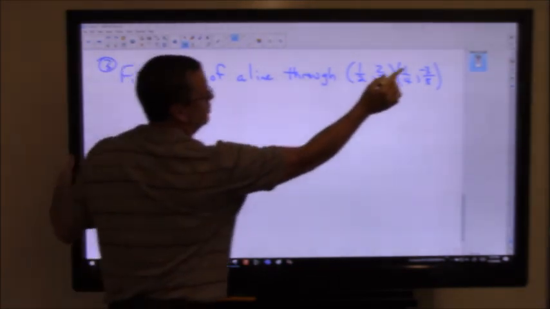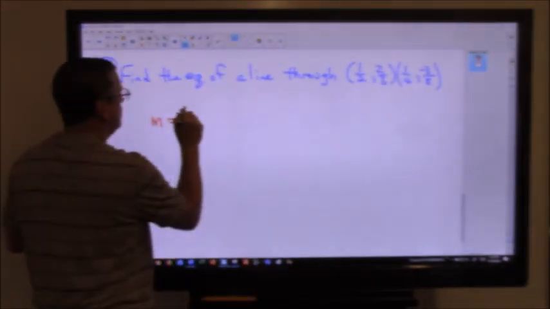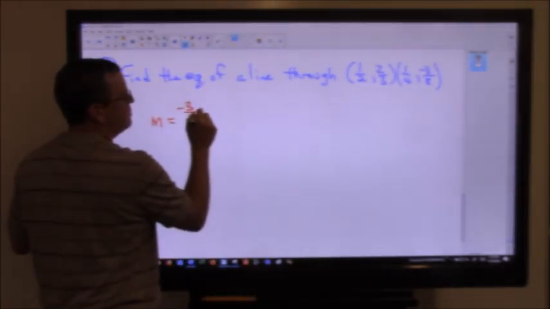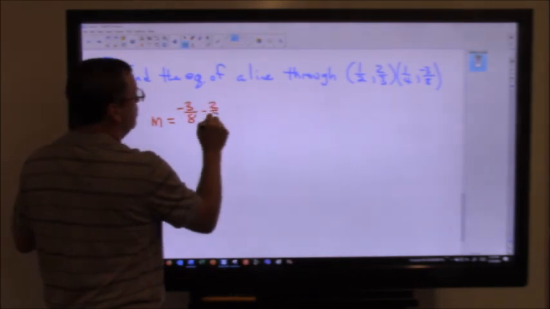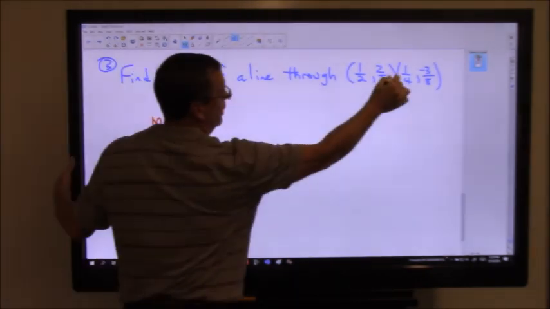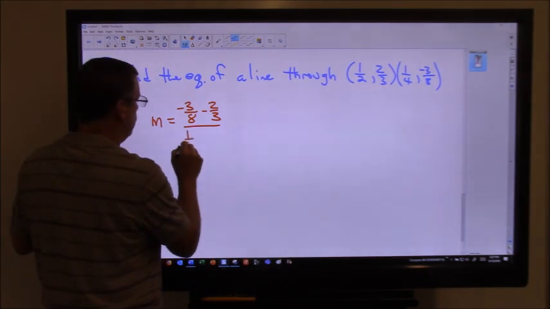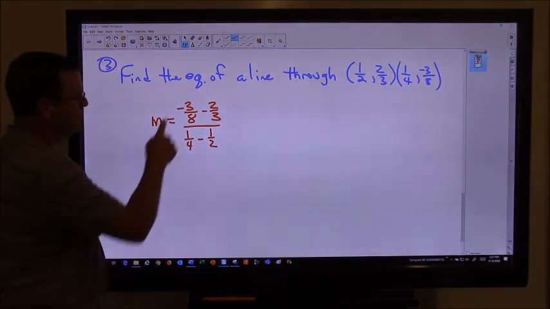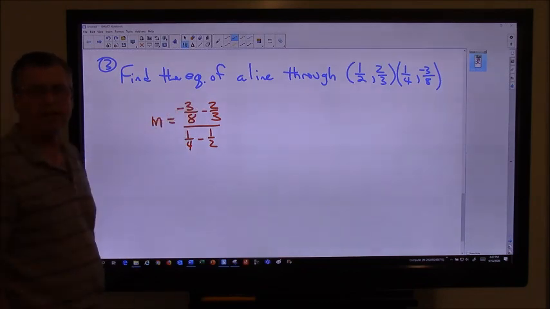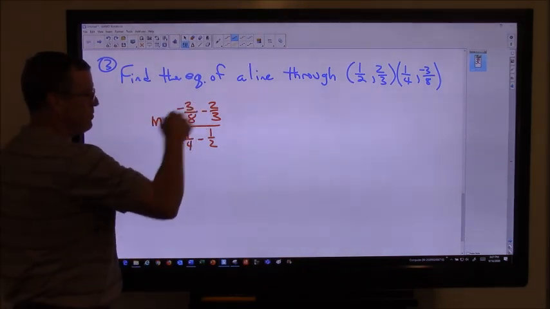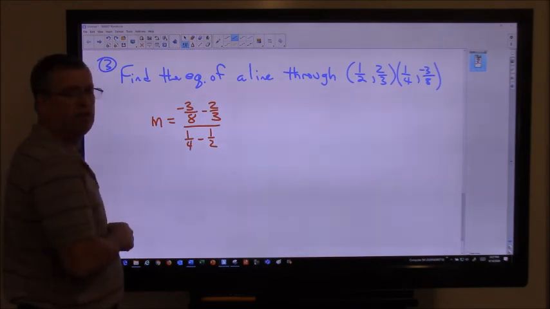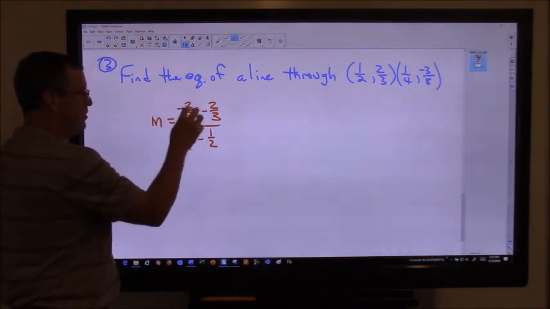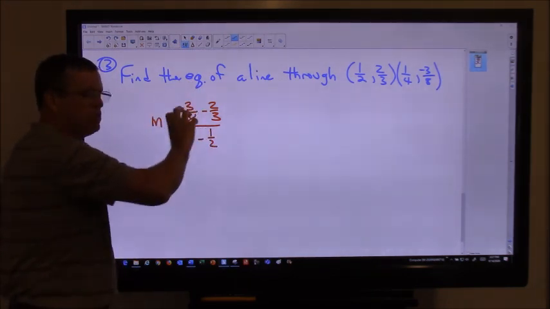Slope equals y2 minus y1, so a -3/8 minus 2/3 over x2 minus x1, 1/4 minus 1/2. Now, you could go through and find a common denominator, add and subtract these fractions, do the same thing down here, and then to do a fraction divided by a fraction, you flip this over and multiply.